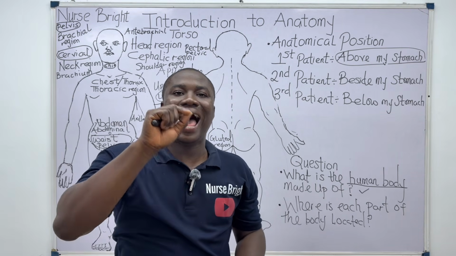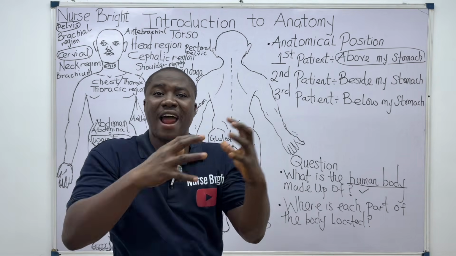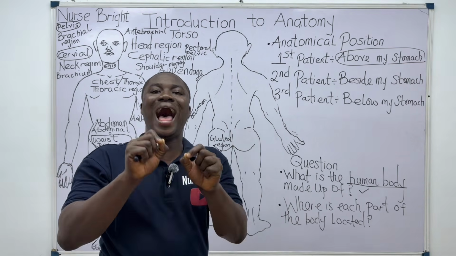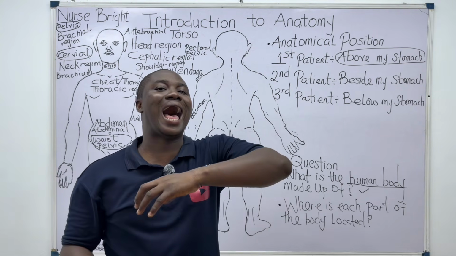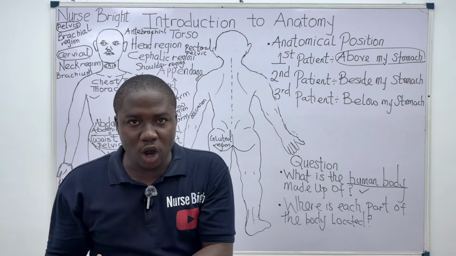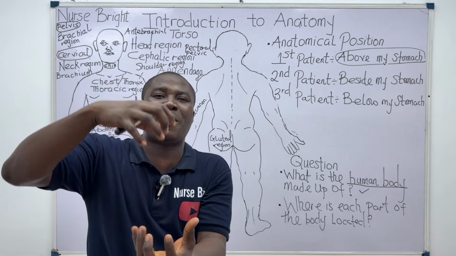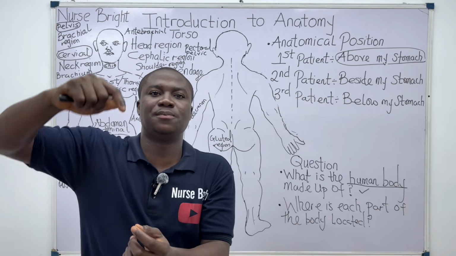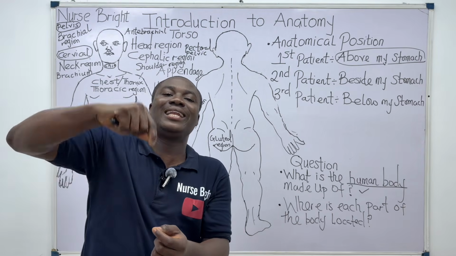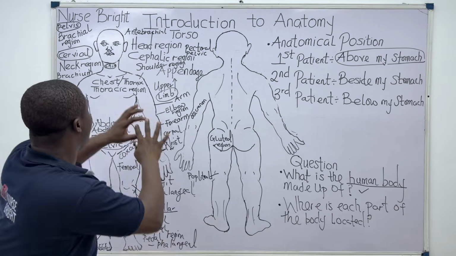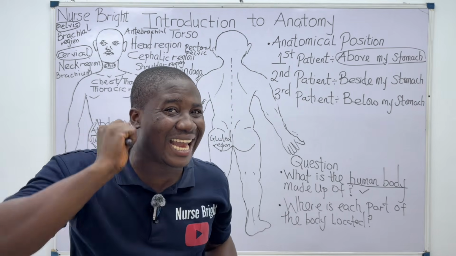Now listen. Anatomical position is a standard reference position adopted by healthcare professionals, be it anatomists, doctors, nurses, physiotherapists, and so on and so forth, for describing the location and relationship of structures within the body. Listen and listen well.